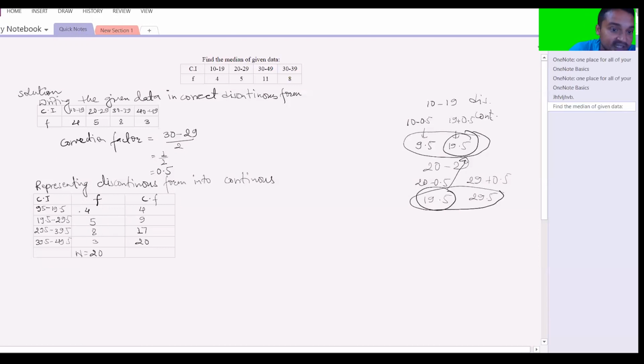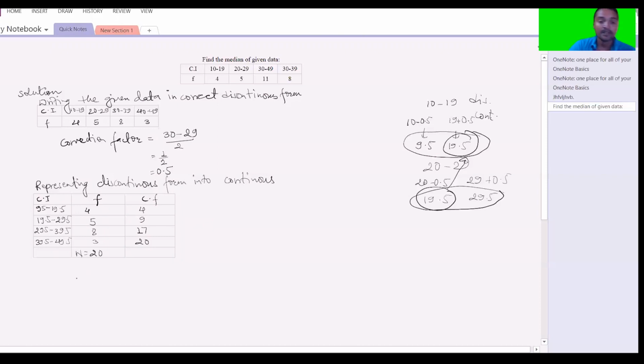Till now we have converted the discontinuous data into the correct form, calculated the correction factor, and with the help of the correction factor we have represented the given discontinuous form in the required continuous form.